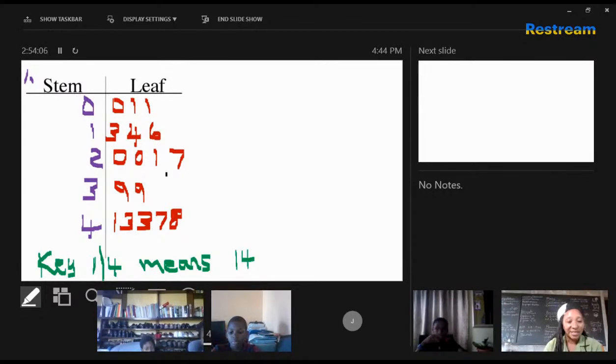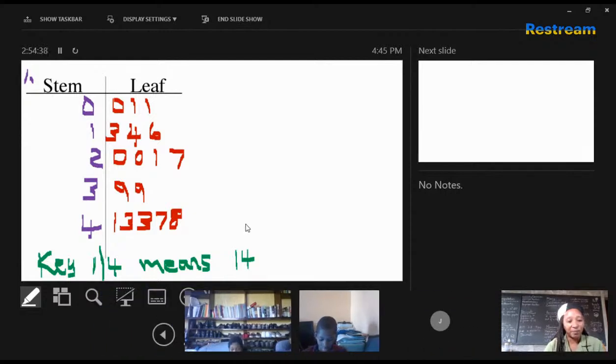This doesn't represent 7, it represents 2, 7, which is 27. This is not 0, this is not 1. This is 20, 21, 39, 43. We combine the leaves with the stems. So that's what we have done so far. And then what I was about to do now is to plot some numbers that we have there on the plot.